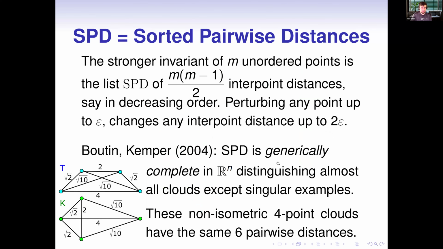Yeah. So we have sorted pairwise distances. Before we had a simple vector from the center of mass to everyone, but here this invariant is basically that we take all the pairwise distances, put them into a vector and sort them, I think from smallest to largest.